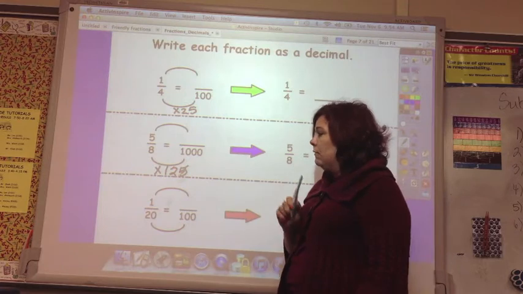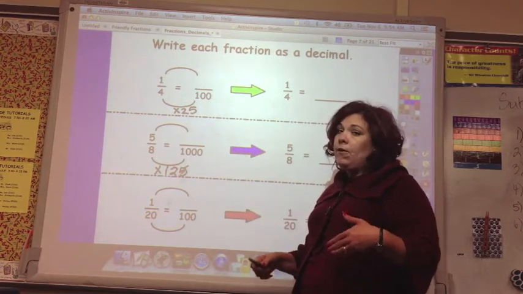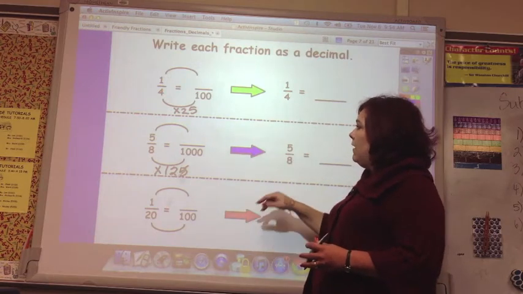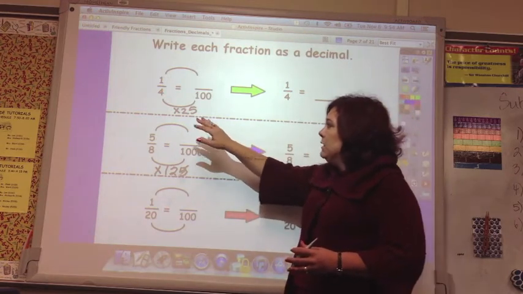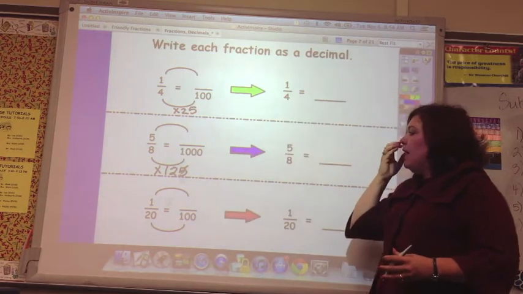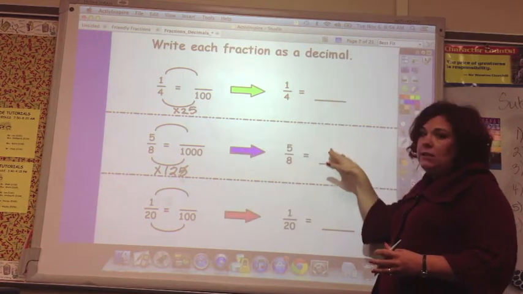So make sure that's your scale factor, and then I'll let you figure out 20 times what is 100. So finish these off and show using scale factor what the equivalents are, and then using place value say what the decimal is.